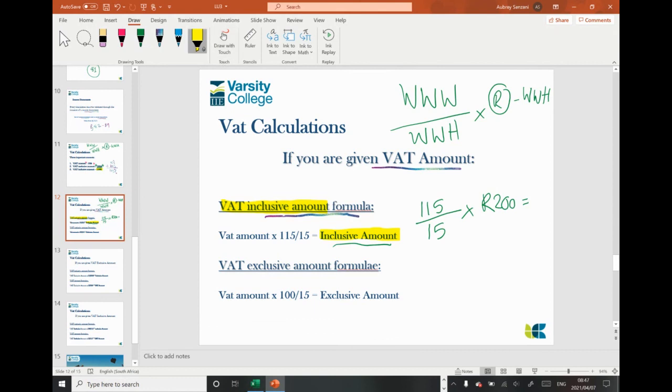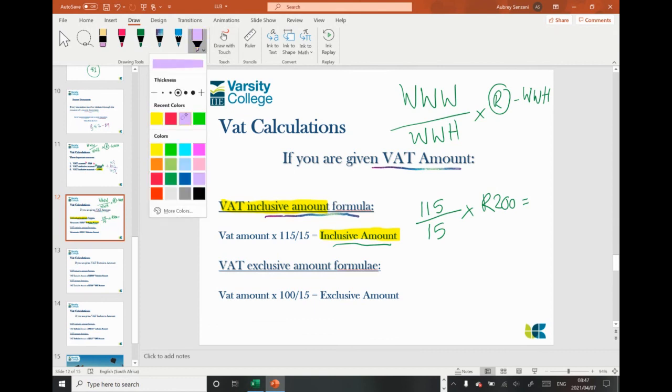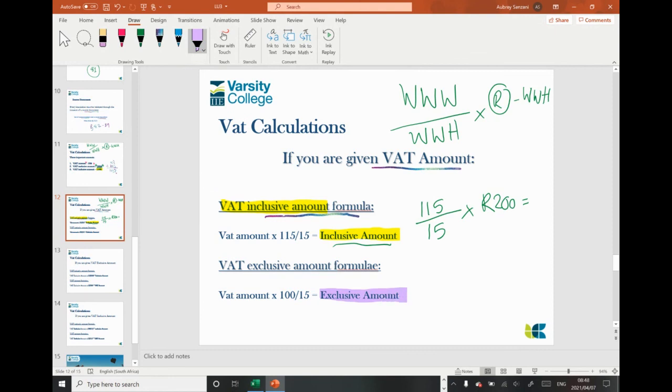If we wanted to calculate the VAT exclusive amount, we would use the same formula, but this time we would say what we want is 100, because remember what we said, VAT exclusive is 100.